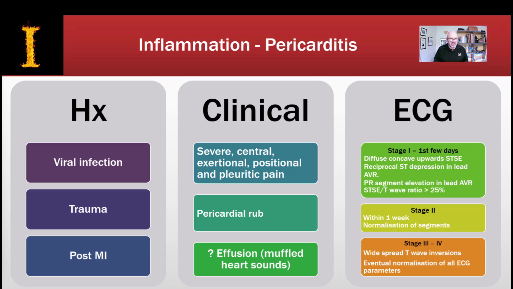The change isn't constant over the progress of the disease, and during the first few days, the nature of the change tends to result in a global concave ST elevation and a small positive deflection at the end of the QRS where it intersects with the ST segment, i.e. a fishhook sign.